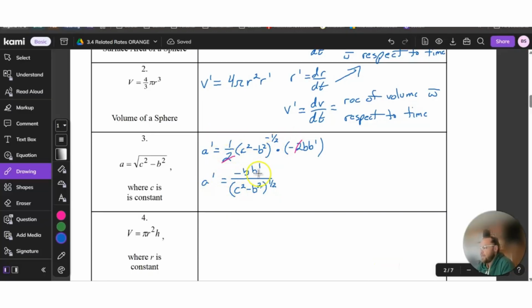All right, so in this case, a prime and b prime we haven't done before. So a prime, which would be dA dt, is just the rate of change of a with respect to time. So if that's the case, what would b prime be? If that's what a prime is, what is b prime going to be?